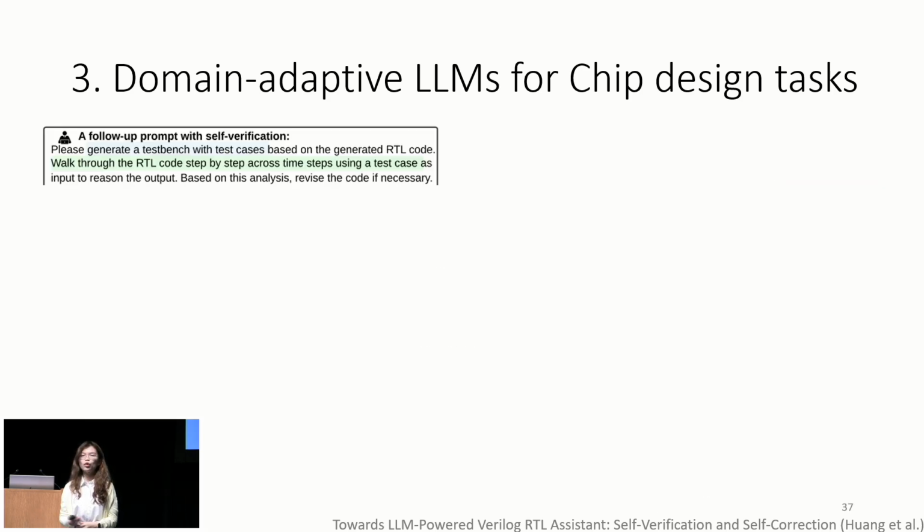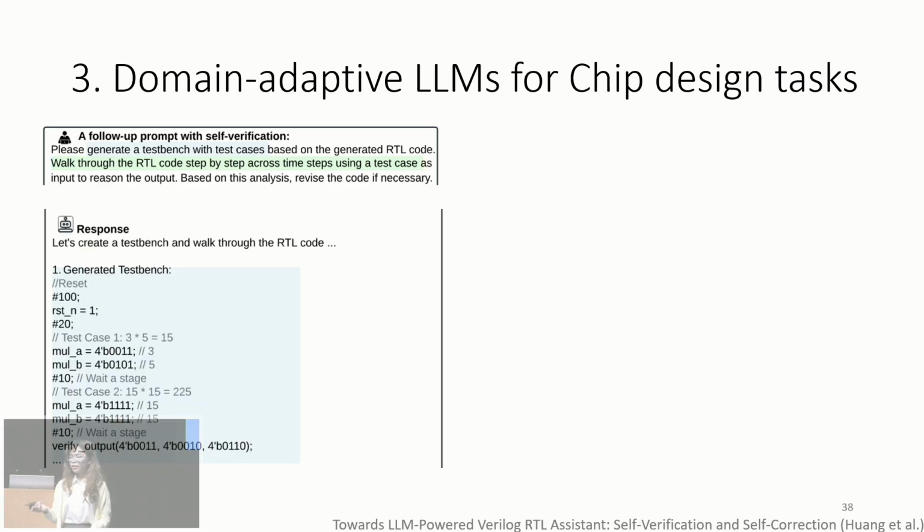Here is also an example of this multi-turn self-correction. A follow-up prompt can be, "Based on the task code, can you walk through some of the examples based on the feedback from the compiler or the simulator?" This blue part is the testbench that it generated.